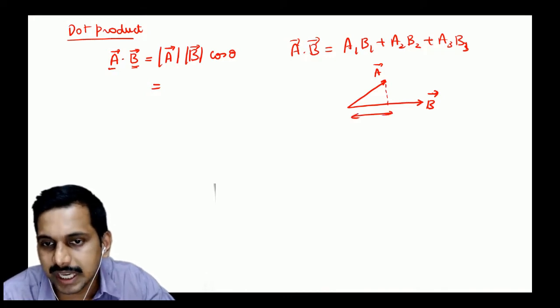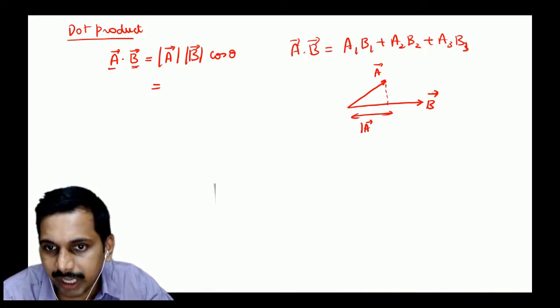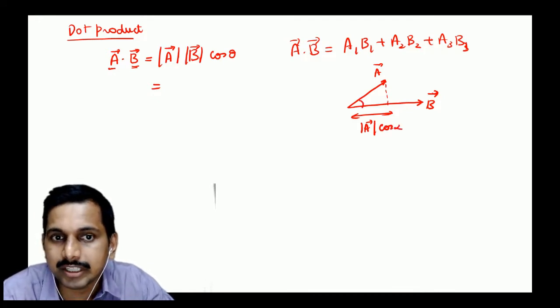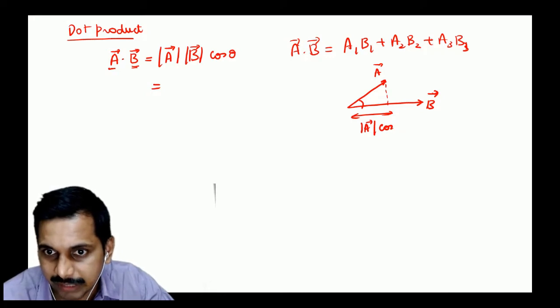What is this? It is magnitude of A into cos alpha, whatever this alpha is, or theta, cos theta.